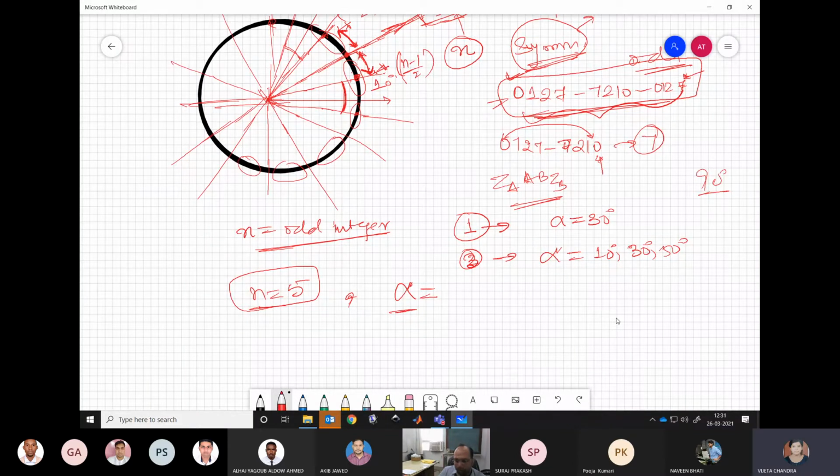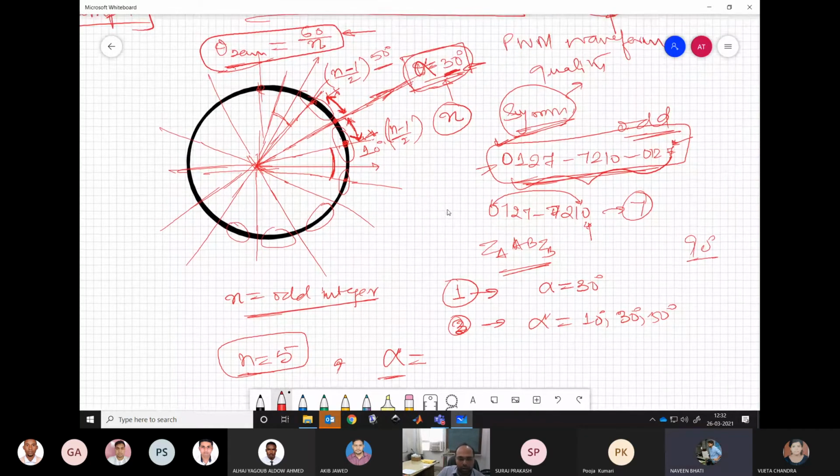Sir, 7.5 degree, then 15, then 30, like this. Are you sure 7.5 degree? It can be a minus angle also, no? We are deciding angles within the sector.